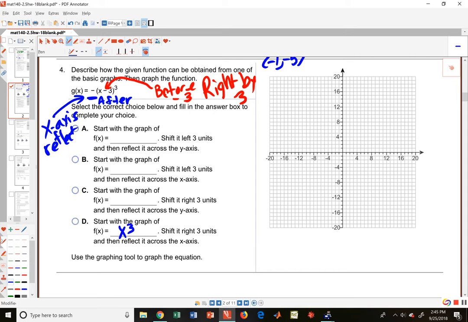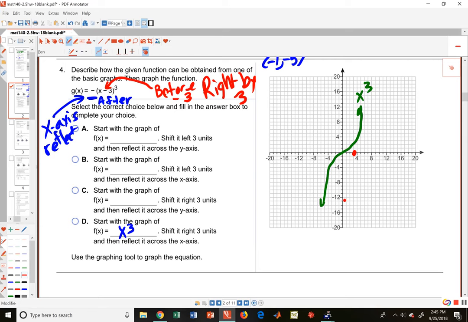So let's see if we can find our answer here. So it is f(x) is x cubed. It's shifted 3 units right and reflected across the x-axis. Now you've got to make sure that it actually turns out that way. So let me start with the original function. So x cubed is just a cubic-looking function like that. All right. Now, if you shift right by 3, let's do it in red.